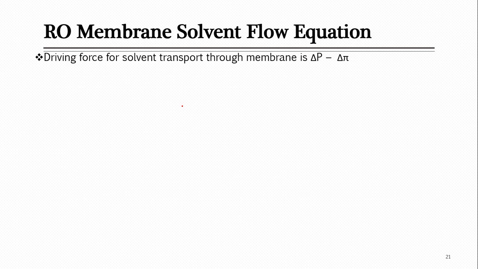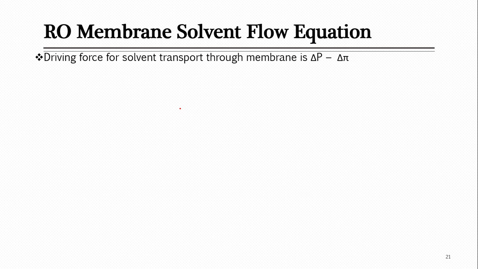If you recall, a few days back when we started membrane separation, we studied that the permeance, or the passage or flow of solvent through the membrane, depends on two parameters: permeance was permeability divided by thickness, multiplied by the driving force.